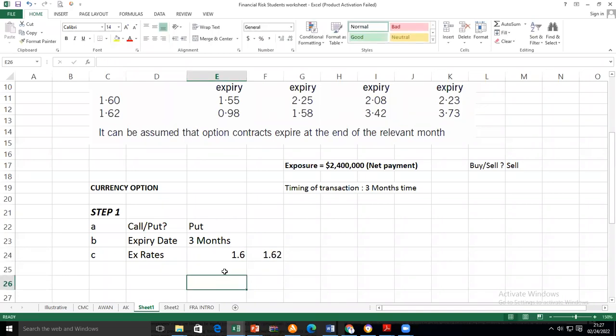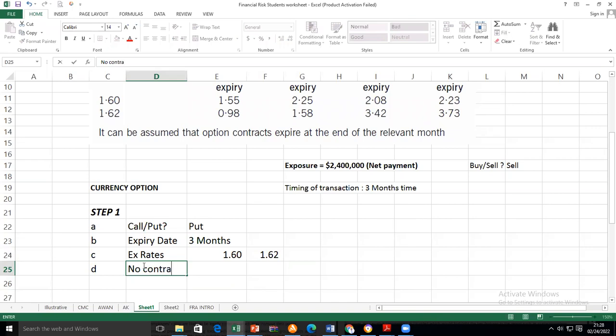These are the two rates that are available here. Let us go. Number of contracts. How many contracts? Number of contracts.